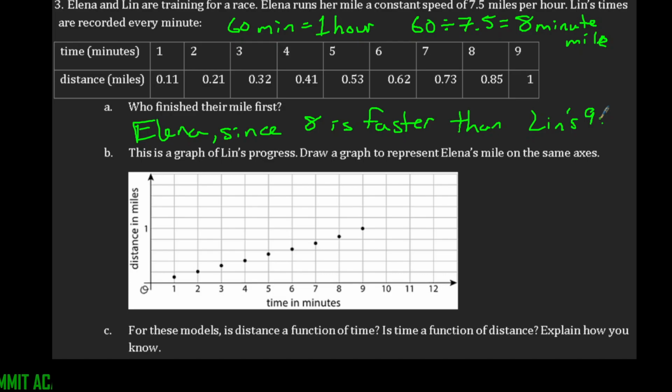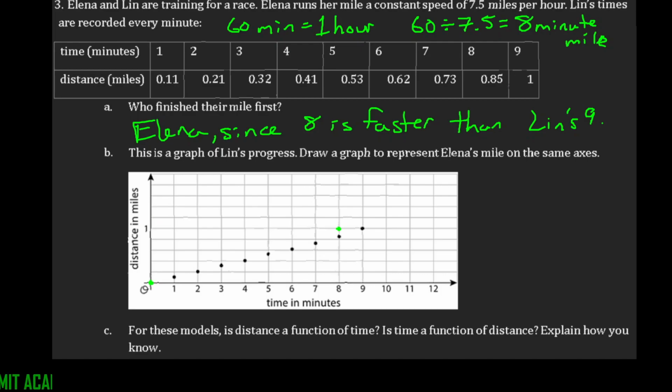And for part B, it says this is a graph of Lynn's progress. So it should be these table values plotted on a graph. It says we need to draw a graph to represent Elena's mile on the same axes. So what we're going to do is real simple, plot out 2 points. Again, we know after 0 minutes we go 0 distance, so that's going to be our 1 point. And then our other point we need is at 8. At 8 we had our finish time, so our distance in miles was 1.